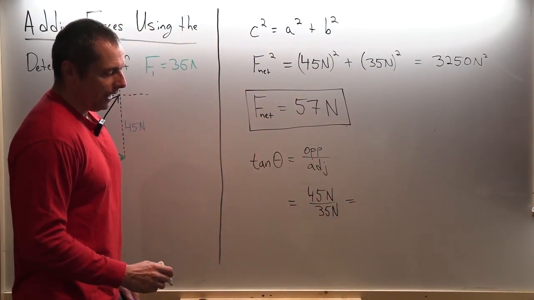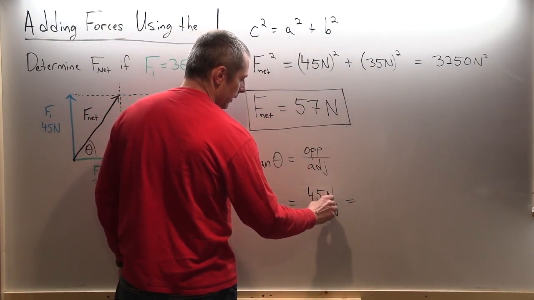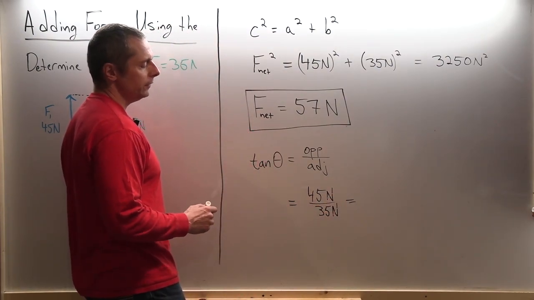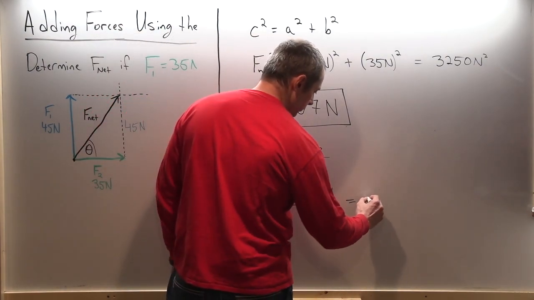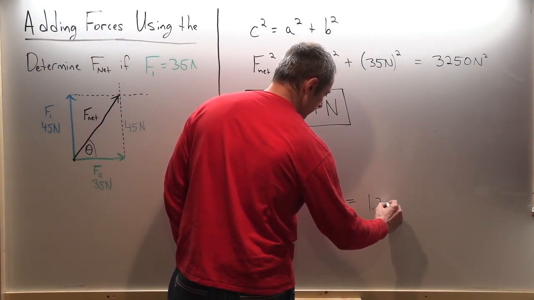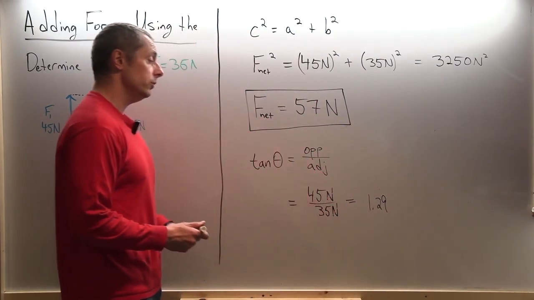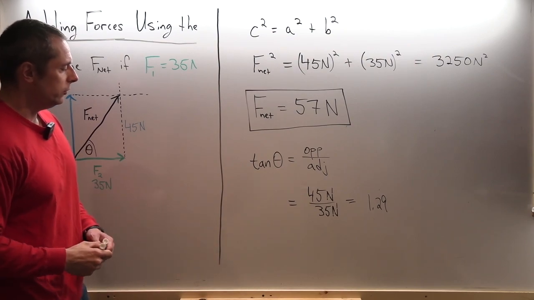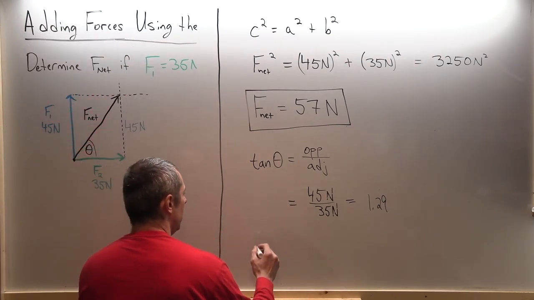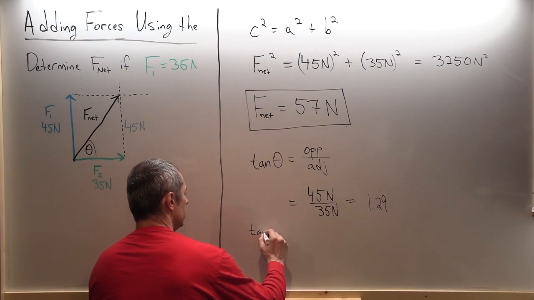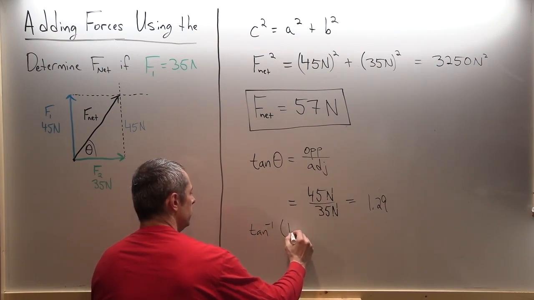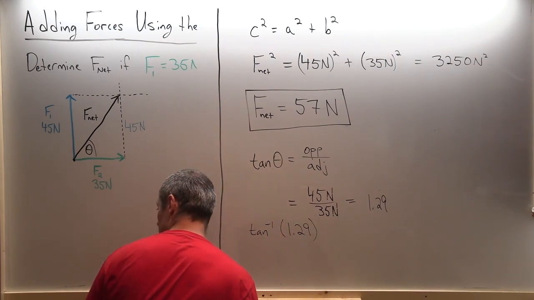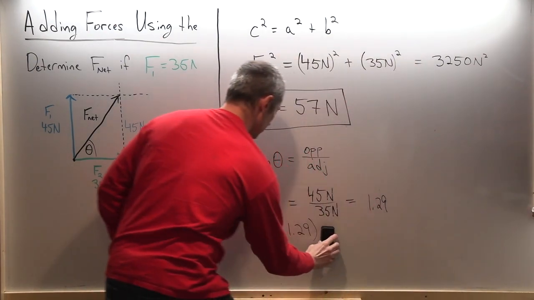Now, when you divide that out, the Newton unit actually drops out. But 45 over 35 is approximately 1.29, with no unit. Now, how do I get theta? What I have to do is the inverse tan of 1.29. So I could say tan to the minus 1 of 1.29. Oops, sorry. Don't forget theta equals.